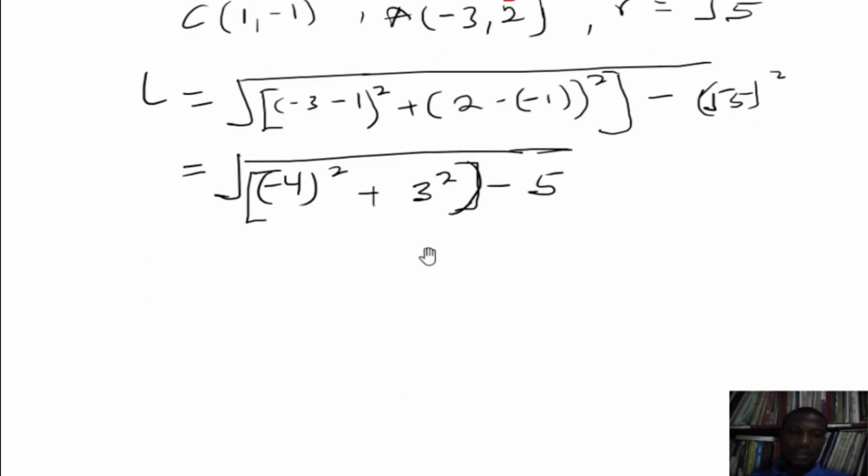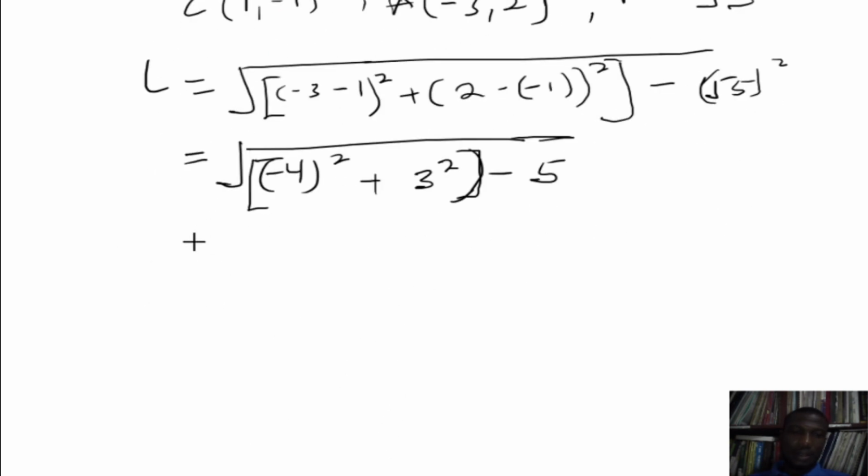So by working it further, we are going to have the square root of 16 plus 9 minus 5. Remember, the whole of this together minus 5.